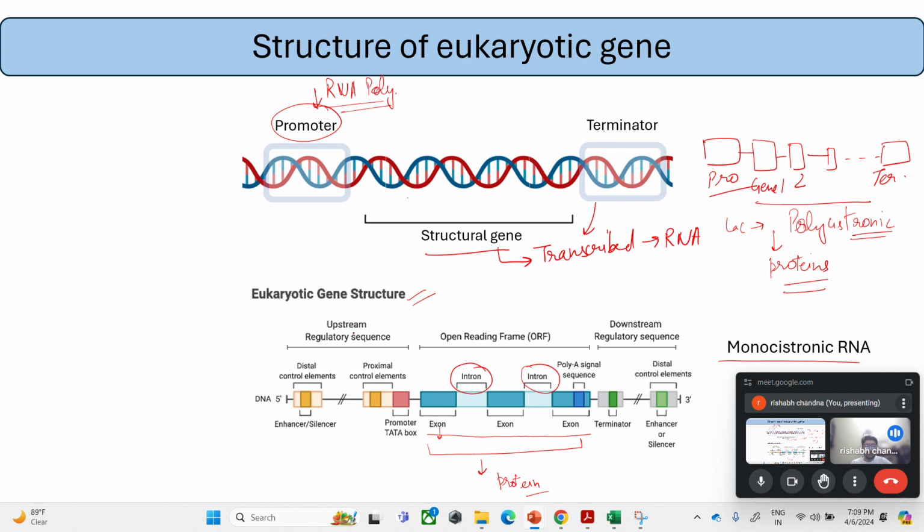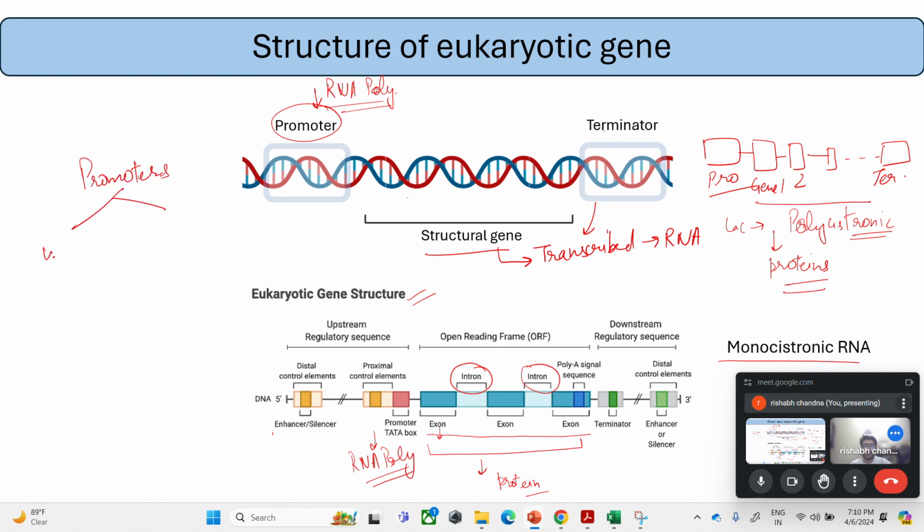Then for starting the transcription, we have the promoter. The promoter basically has two kinds of regions. One is the core promoter, where the basic RNA polymerase binds. As we have previously discussed, there are two kinds of promoters.